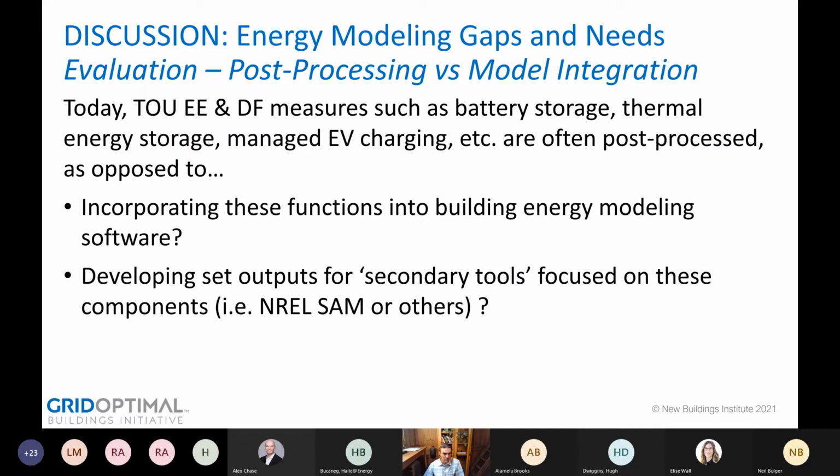Does that fit well in the model? Is it better post-processed? What about managed EV charging? Is that better post-processed? Because it just sort of layers on top, right? And then how do we actually do that? What are the inputs? What are the outputs? And what do they need to align with in terms of software or in terms of things like code compliance?